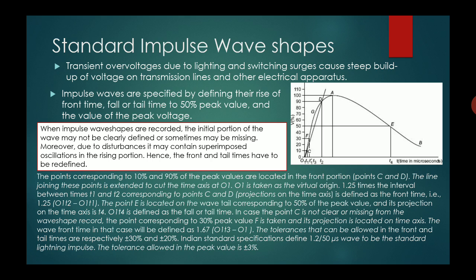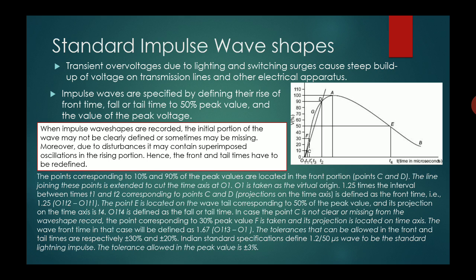So in order to identify one impulse and differentiate it from another impulse, we need to give different names to the impulses, and this differentiation is done first by its maximum value. And not only the maximum value is important, but also how fast it rises and how slowly it falls.